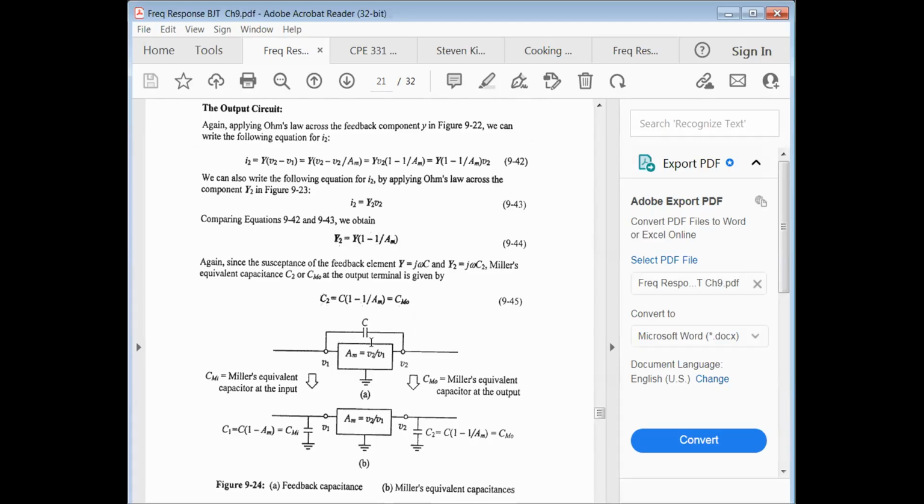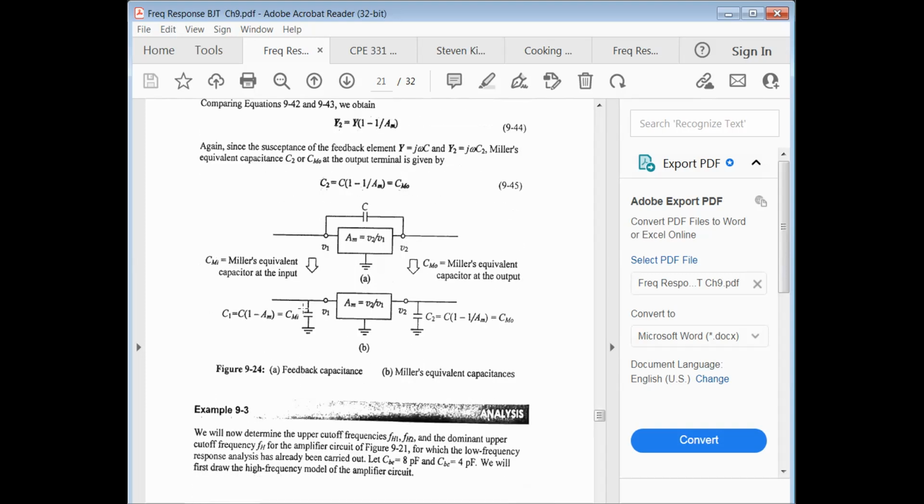So we have a circuit that looks like this with a capacitance from input to output, from V1 to V2. We can make it look like this by taking this capacitance and multiplying it by 1 minus the gain and placing that value on the input of this network, and then taking this capacitance and multiplying it by 1 minus 1 over the gain and placing it on the output of this network.